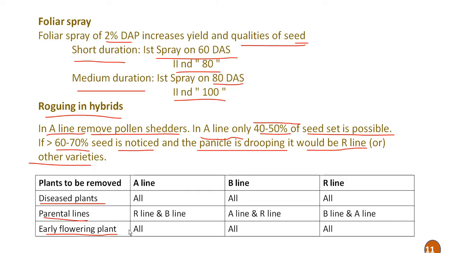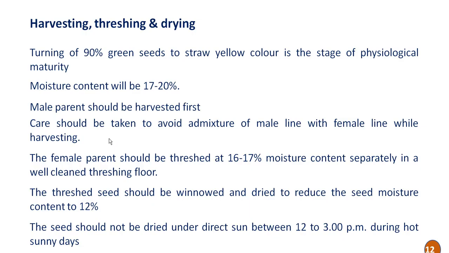In case of early or late flowering, all plants in all lines which are early or late relative to the normal line must be removed. In case of parental lines, in the A line, R line and B line plants must be removed; in the B line, A line and R line plants; and in the R line, B line and A line plants must be rogued out. Then the last one is harvesting, threshing and drying.